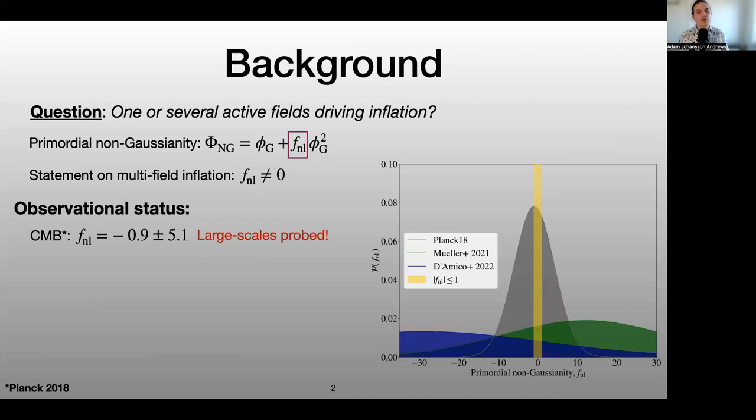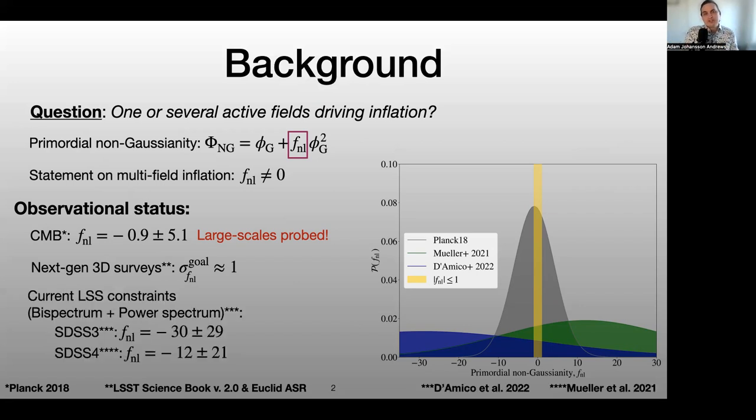So instead, we're turning our attention to the next generation of galaxy redshift surveys, which probe the three-dimensional information in the cosmic field. The goal of these surveys is to bring down the uncertainty on FNL to the order of ±1. And this links back to the question of finding a non-zero value of FNL.